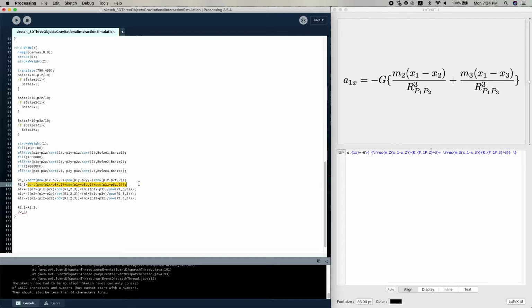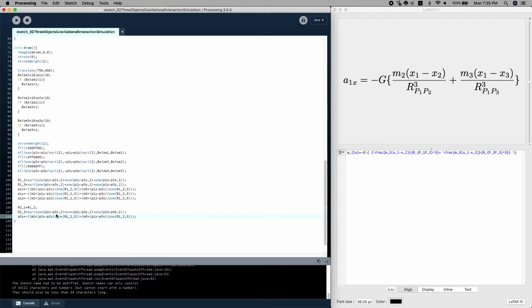I'm just going to copy this because it's going to be similar. That's going to be the power of P2x minus P3x, P2y minus P3y, and P2z minus P3z. And again, our A2x values would look the same as this one here, but the only difference is, in this case we multiplied P2 from P1 and P3 from P1.